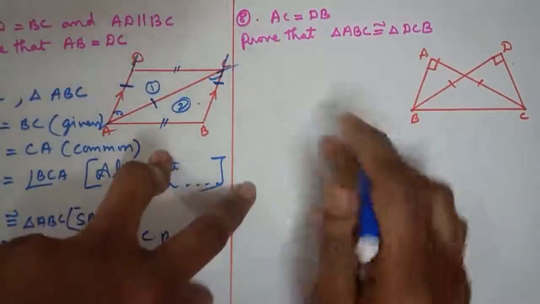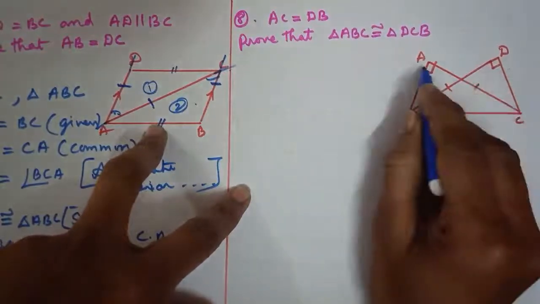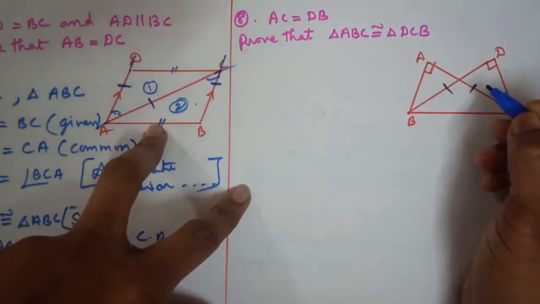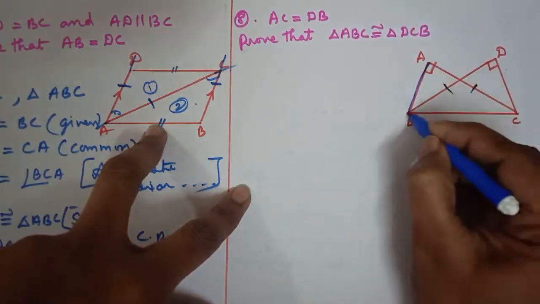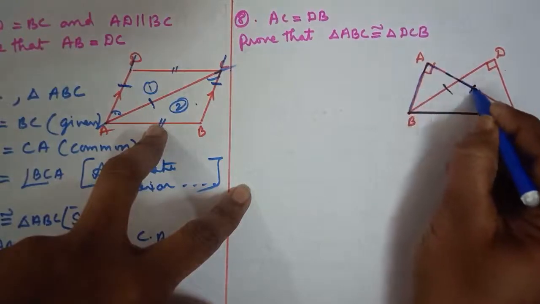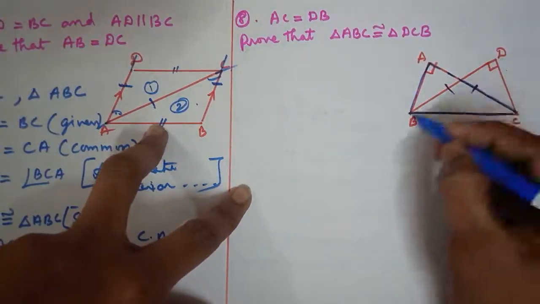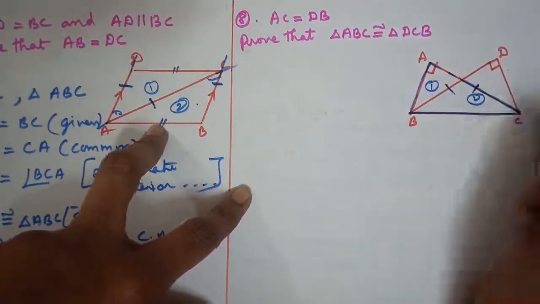Then this is the last question, students. The question: AC equal to DB, prove that. AC is equal to DB, this side is equal to this side. Prove that triangle ABC is congruent to triangle DCB. So this is the first triangle, this is the second triangle.